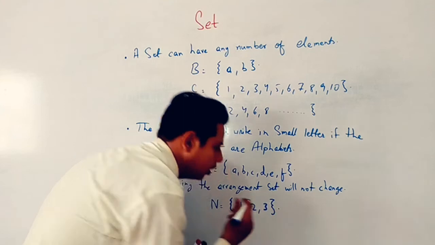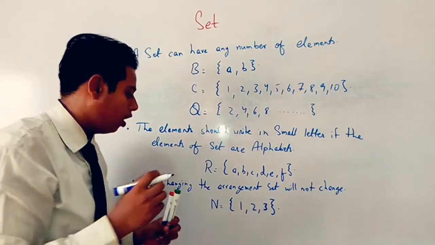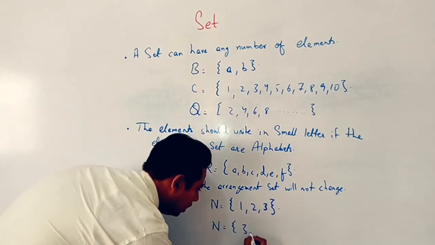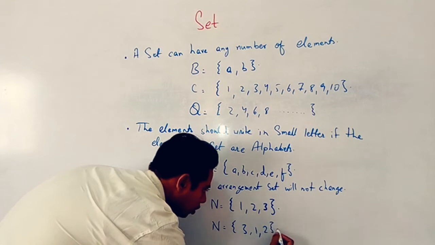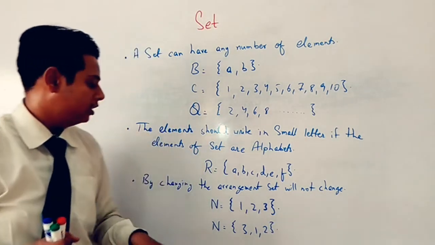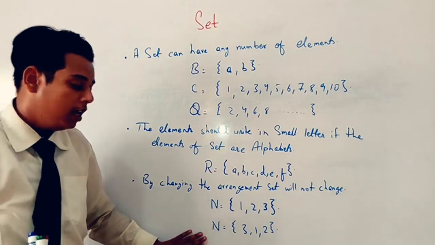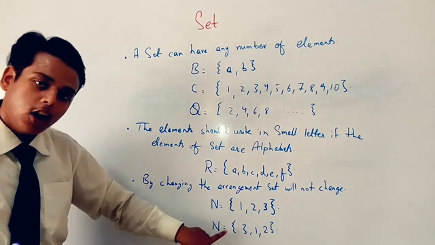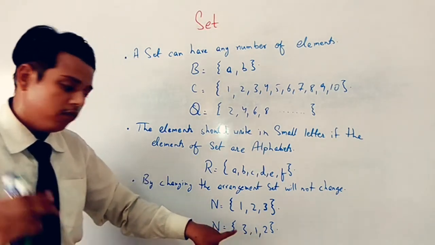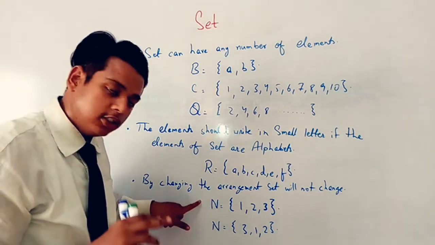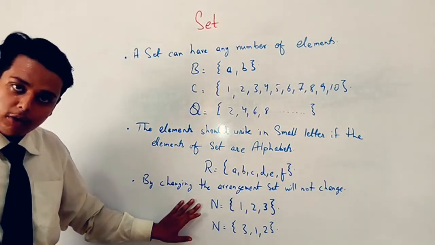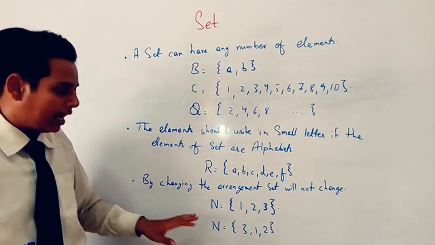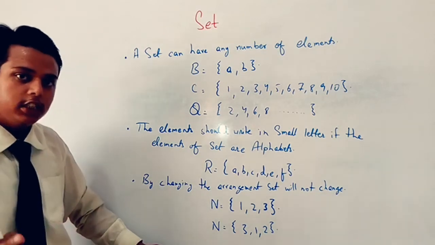If we change the arrangement of these elements, means if we write 3, 1, 2, there is no problem. Both sets are equal or same. Changing the arrangement does not change the set. This is also counting from 1 to 3, so the set is not changing. Just the arrangement is changing.